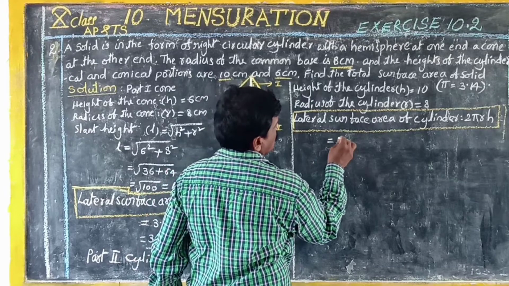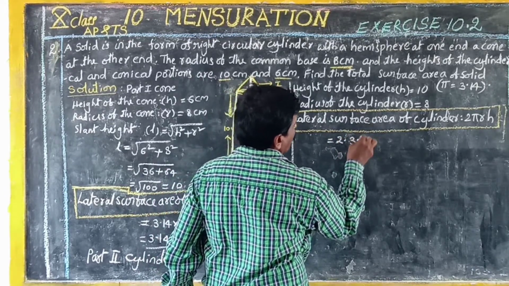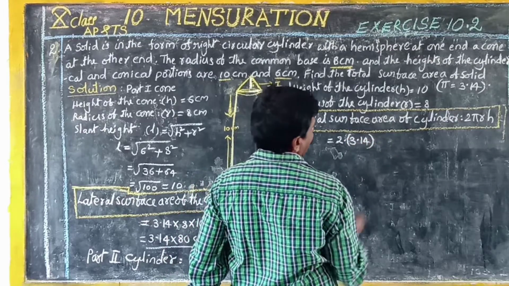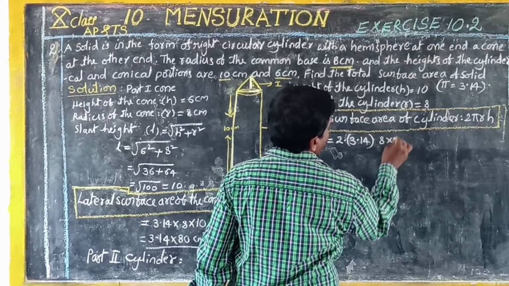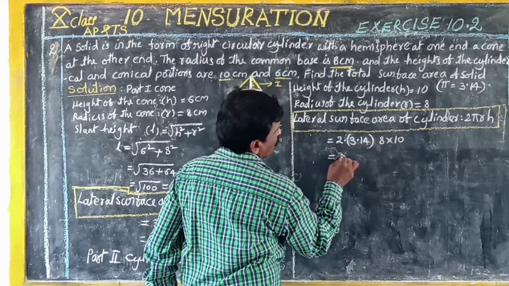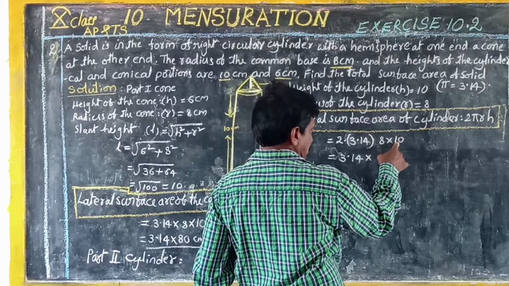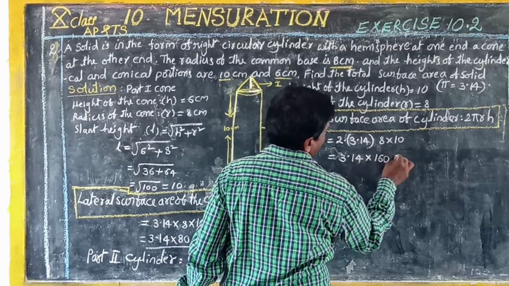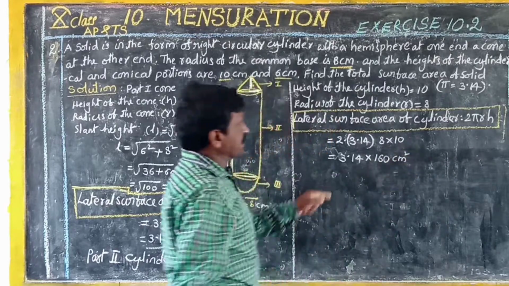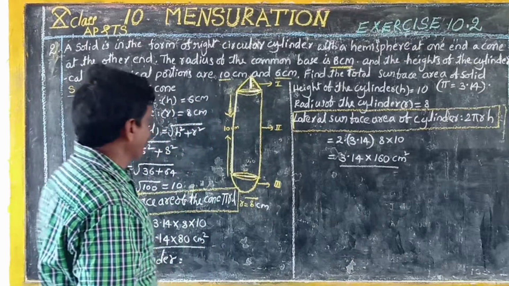So 2 into 3.14, R means 8, into h 10. 3.14 into 8 times 10 is 80, into 2 is 160 centimeters square. This is part 2.